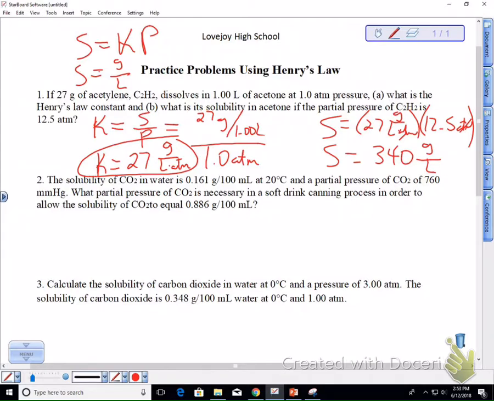So there are a couple of different ways we can work this. If we utilize K here, knowing that K is always constant, we can actually use S1 over P1 equals S2 over P2. If we set that up, the initial solubility is 0.161, and I'm going to drop the units for now, at 760 millimeters of mercury.